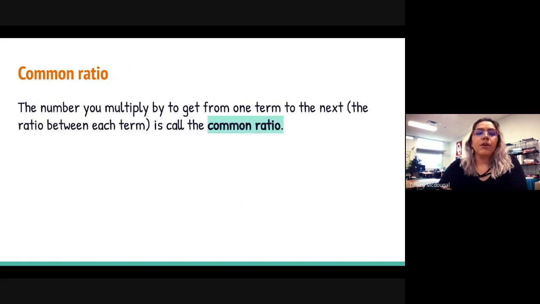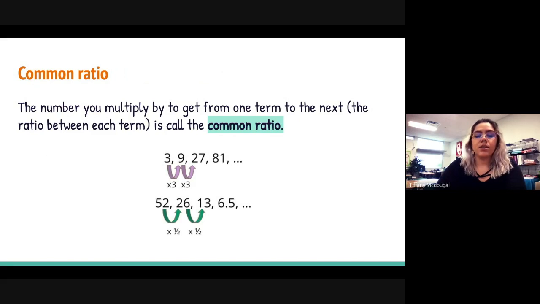All right, so I've been throwing around this word common ratio, but what does that actually mean? So a common ratio is the number you multiply by in order to get from one term to the next, which is the ratio between each term. So like we saw here, 3 would be my common ratio whenever I'm talking about that first sequence because it's increasing by a multiple of 3 each time.